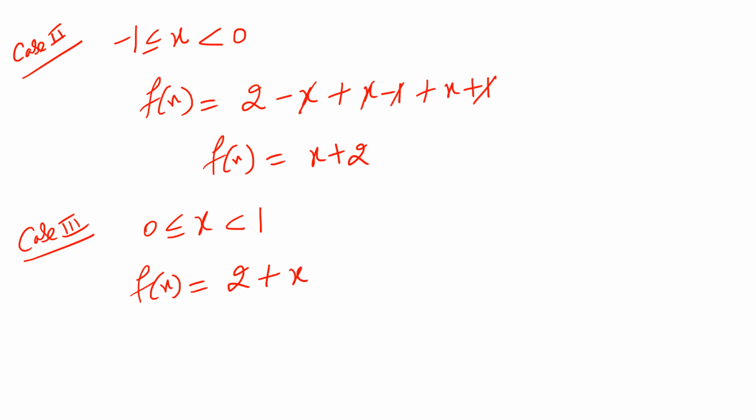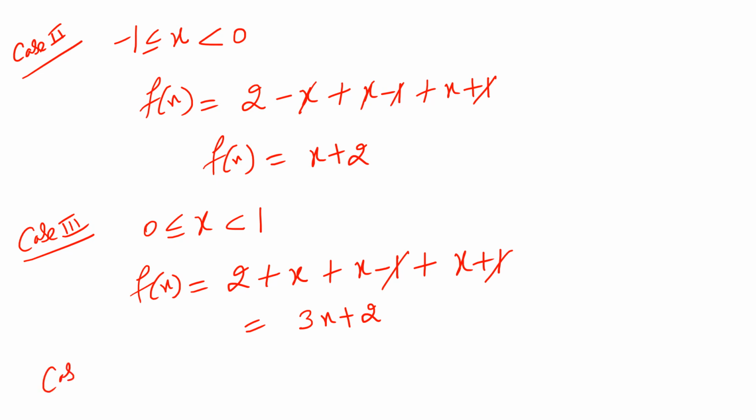And since x is smaller than 1, mod of x minus 1 is again 1 minus x. So minus mod of x minus 1 will become x minus 1. And mod of x plus 1 is just x plus 1. So now this time we get the value of f of x equal to 3x plus 2.